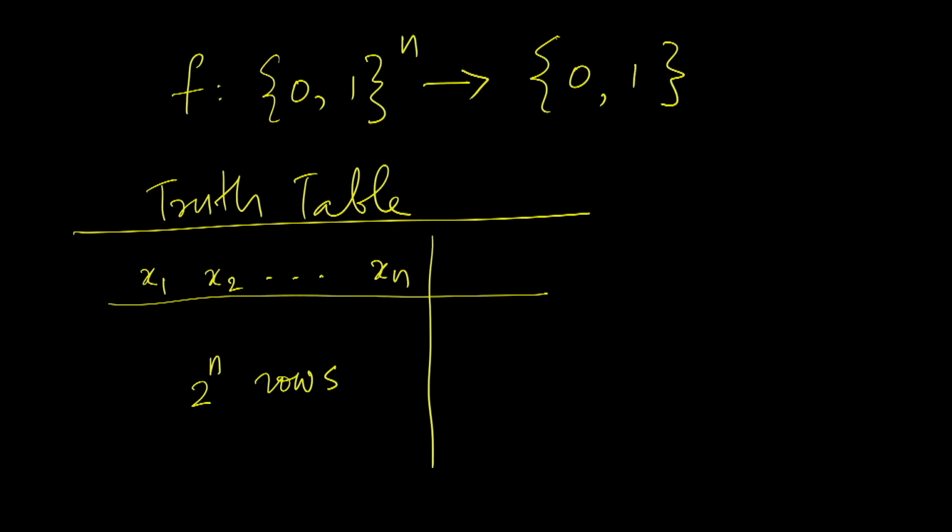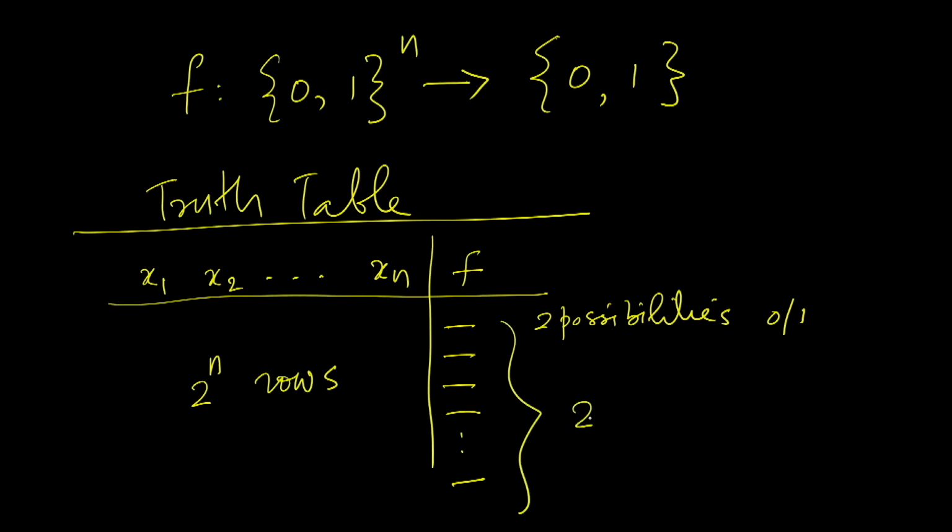Therefore, when you specify the function, you have to fill these 2 power n positions. At each position, there are two possibilities, 0 or 1. So altogether there are 2 power 2 power n Boolean functions of this signature.